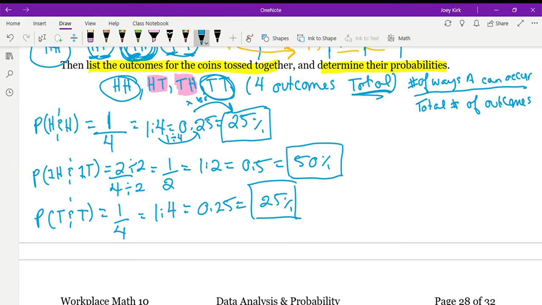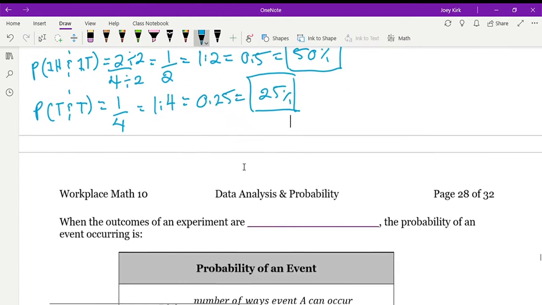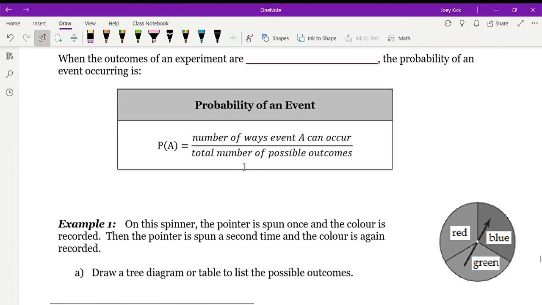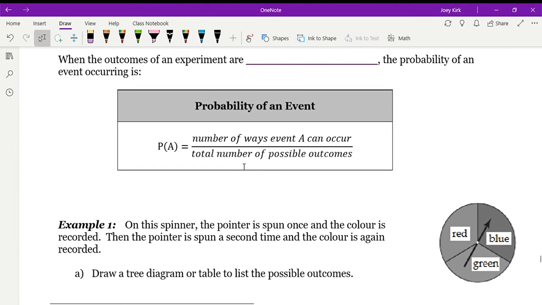Okay, so moving on from there, we can actually rewrite our formula here.